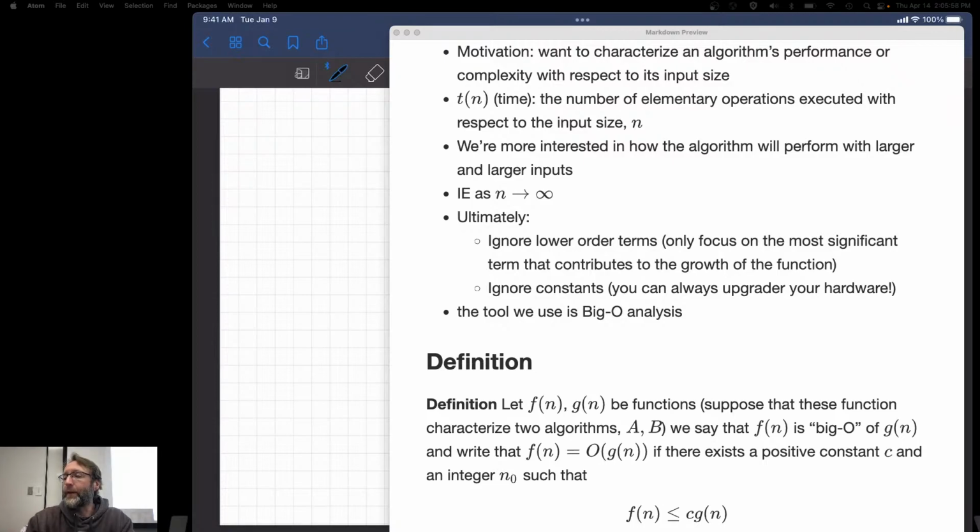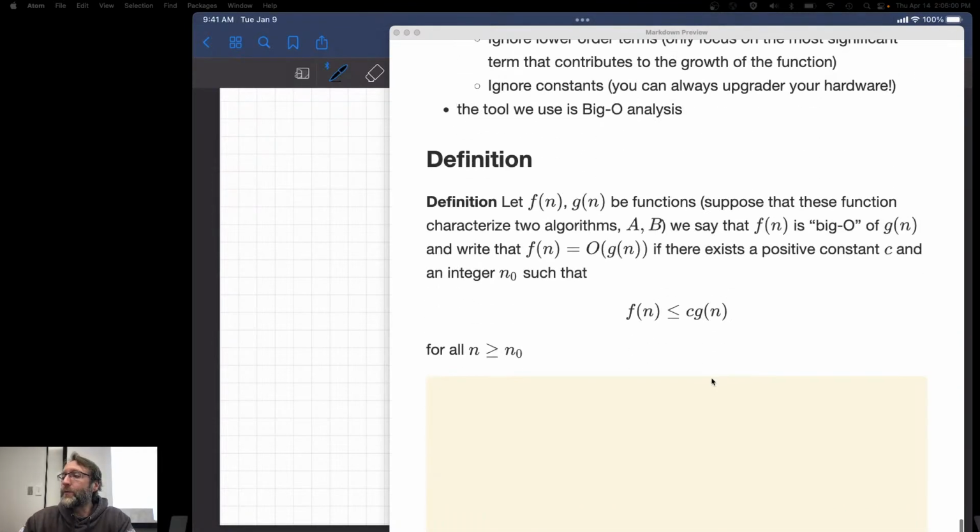There's the formal definition. Now we're going to come up with a couple of interpretations of this. The first interpretation is, of course, the one it's meant to be. Big O characterizes the growth rate, or order of growth, of a function, or the relative growth rate of two functions.